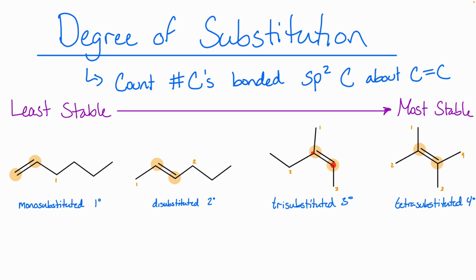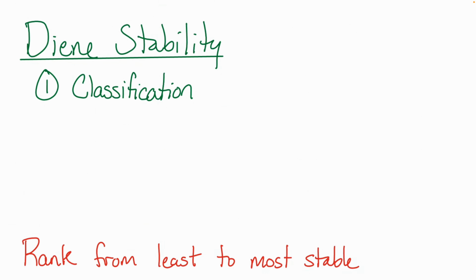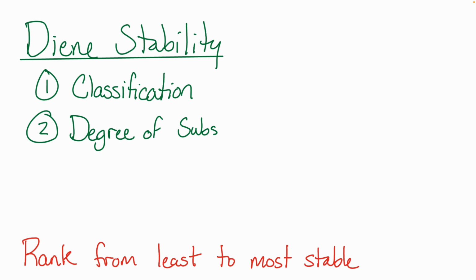We count 1, 2, 3 carbon neighbors, those are tri-substituted. And then lastly, our most stable alkenes are going to be when all 4 possible neighbors are carbon atoms here. So we have this degree of substitution. If we go back up here and we're talking about diene stability, the first thing we're going to look at is classification. The second thing we're going to look at is degree of substitution.